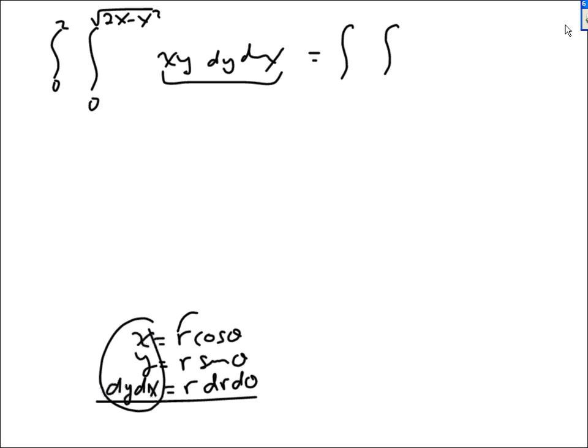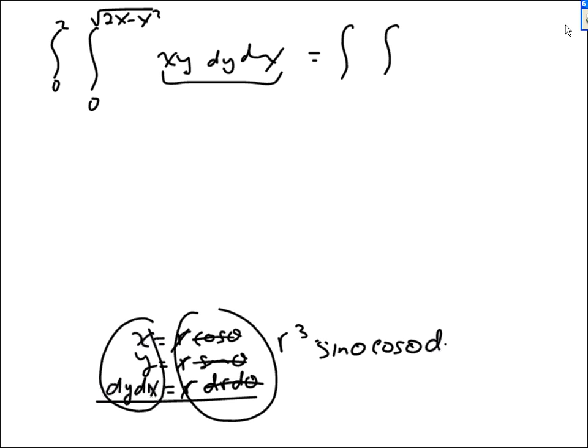And when you multiply the other three, you get r cubed. R times r is r cubed times sine theta times cosine theta times dr d theta.